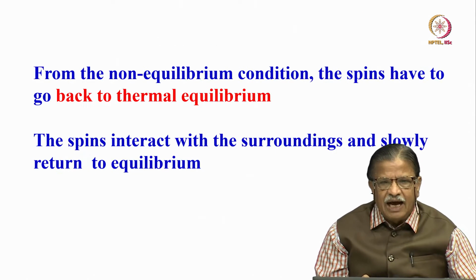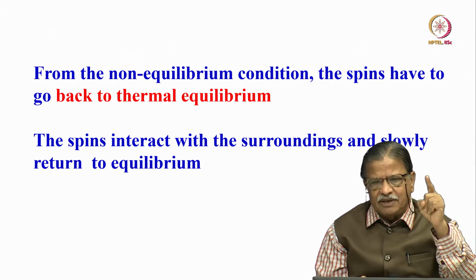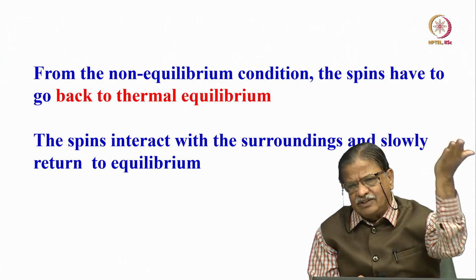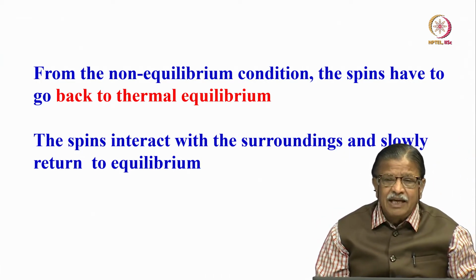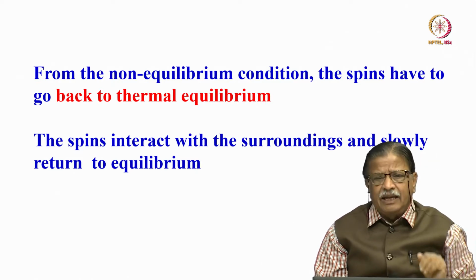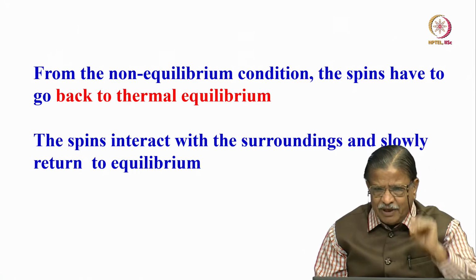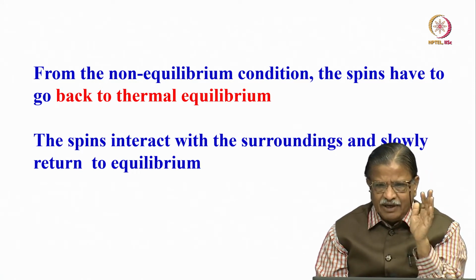Fine. Also, what is going to happen to this? You apply a radio frequency pulse, bring the magnetization from the z-axis to the xy plane and do the experiment. But if you want to do signal averaging, you should have the magnetization back again at the z-axis to apply another pulse. Magnetization has to come back whether you want it or not.